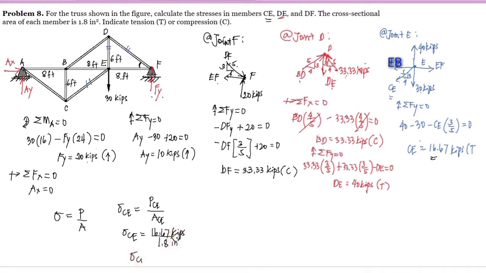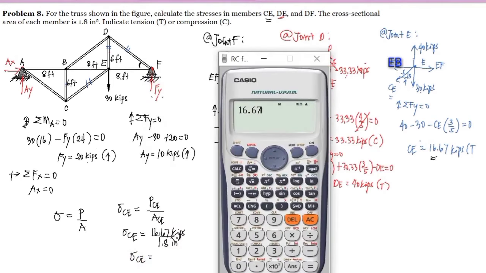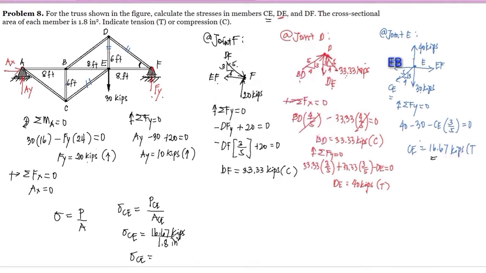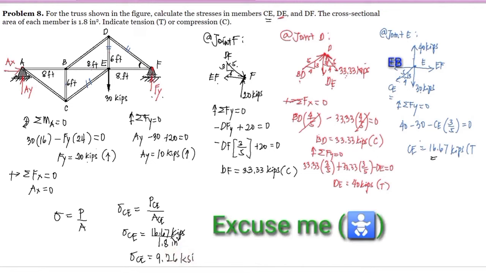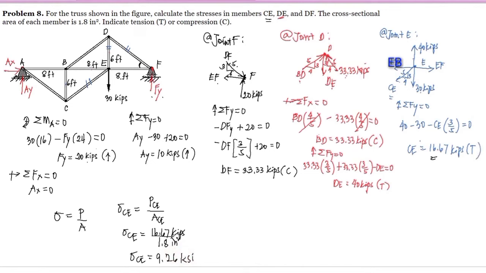So, solving for the stress in CE, that is equal to 16.67 divided by 1.8, and that is equal to 9.26. The unit is kips per square inch, or KSI. So we have the CE, which is tension dito. So meaning yung stress natin dito is in tension.